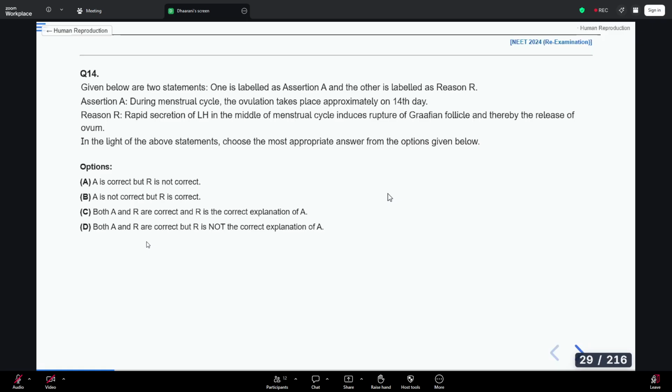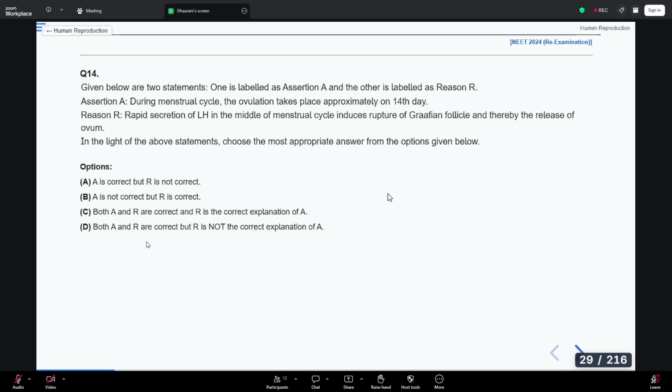How will you calculate the ovulation? Any formula or anything there for calculating ovulation?